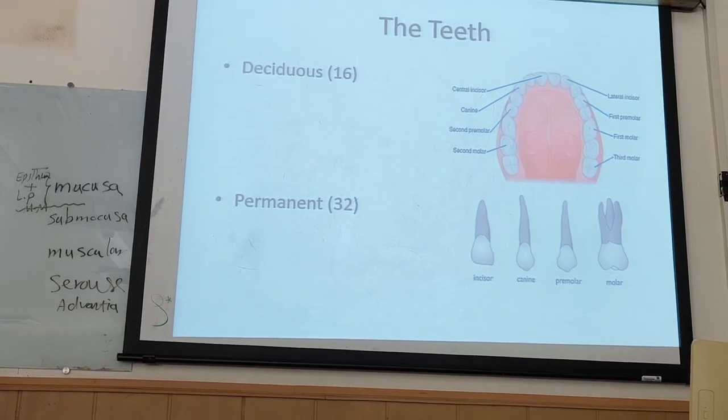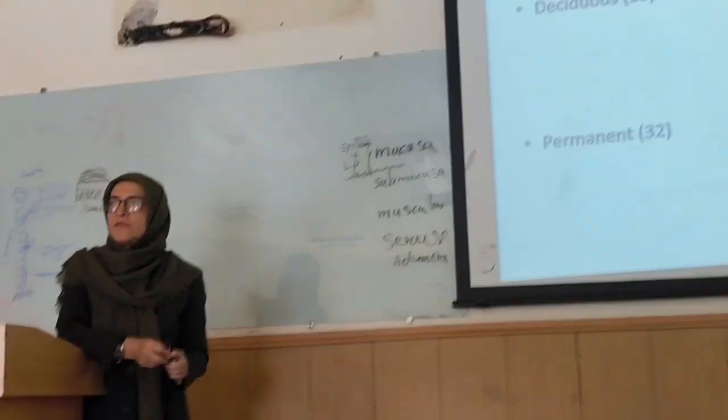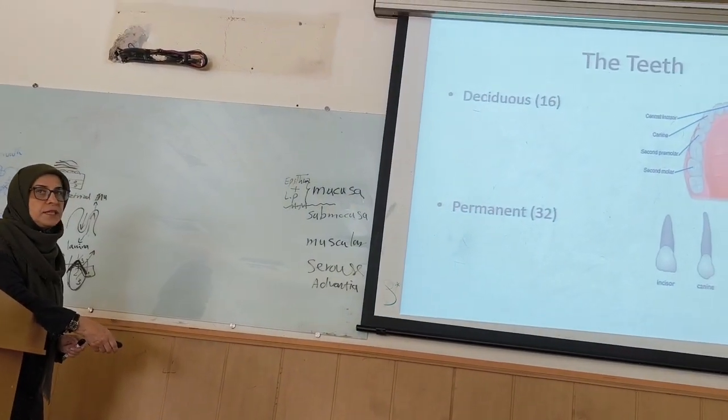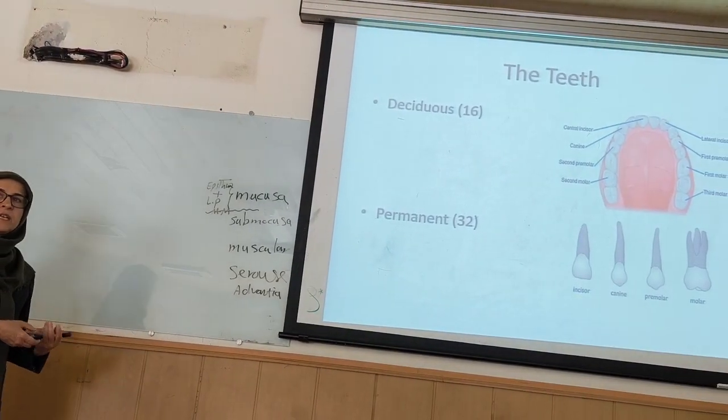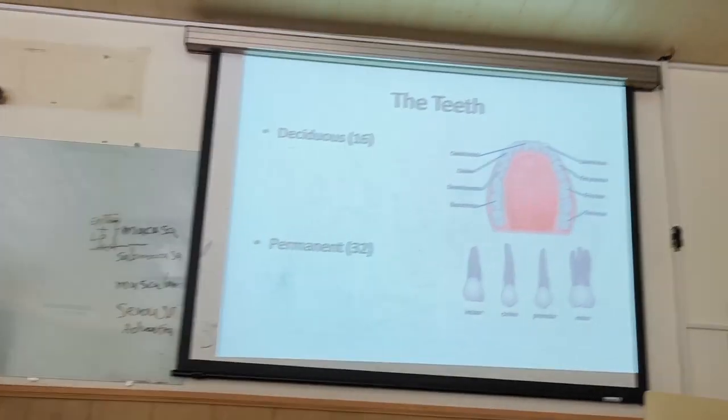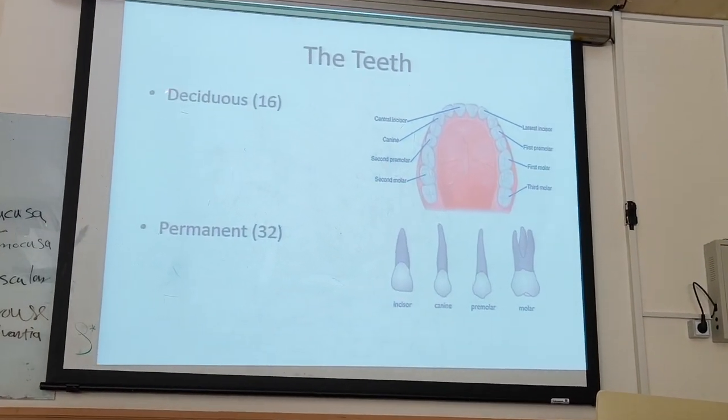The other structures located inside the oral cavity are the teeth, which, based on their age, are divided into two types: deciduous and permanent.